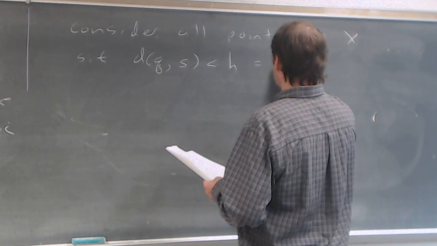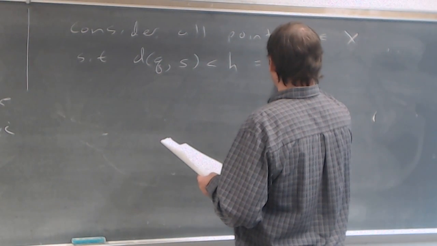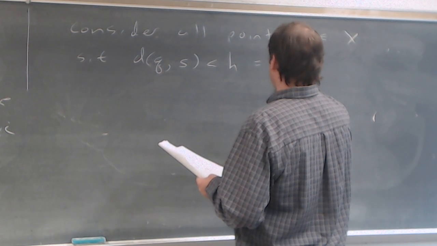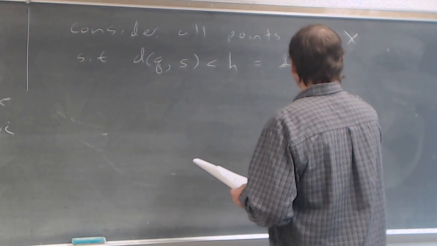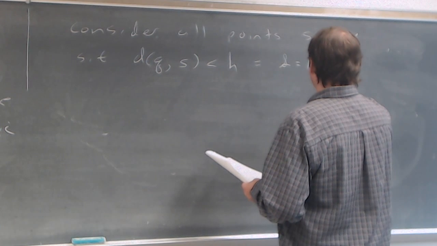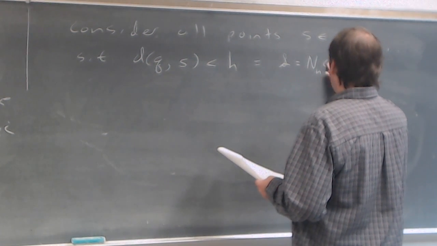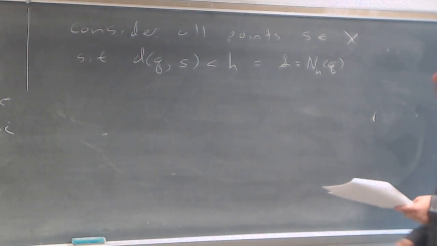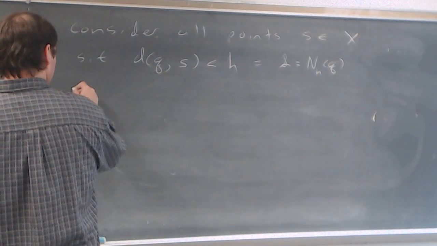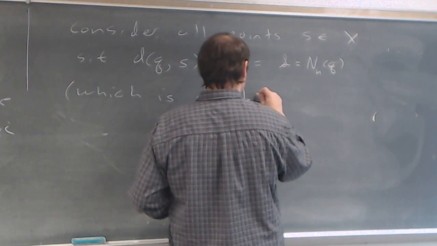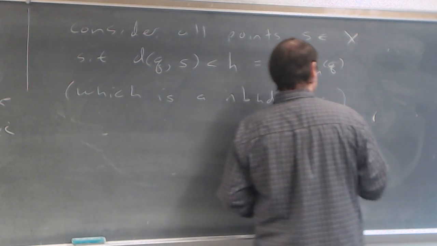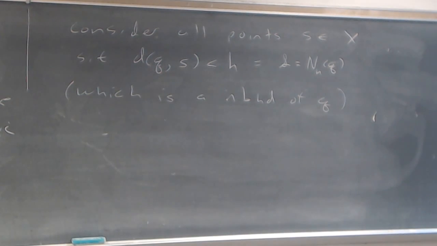Really what that is equal to is a set, I'll call it script S, which is a neighborhood of radius H about Q. And my claim is that this neighborhood is going to be contained in the neighborhood of radius R about P.